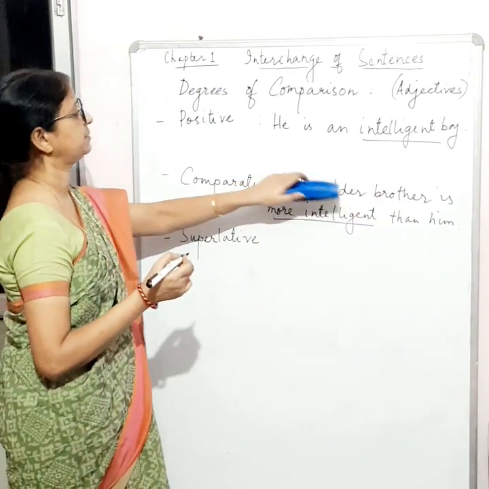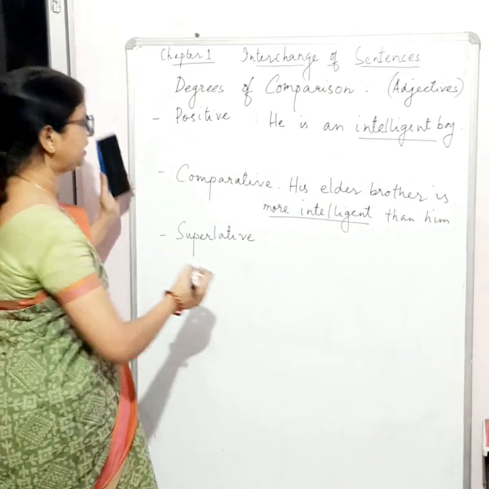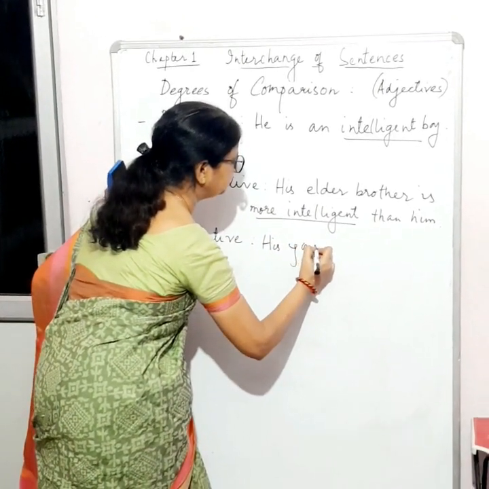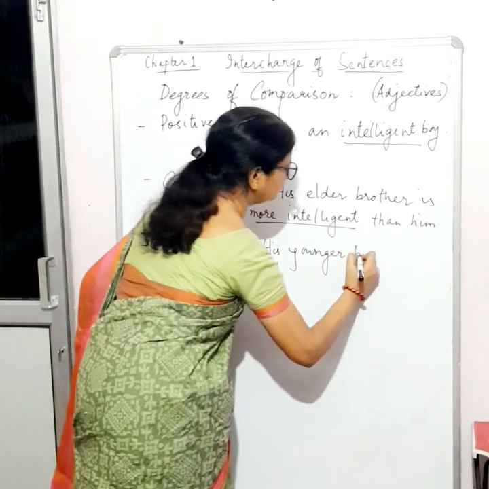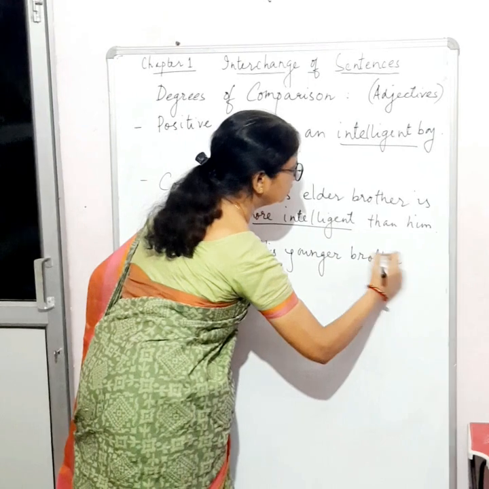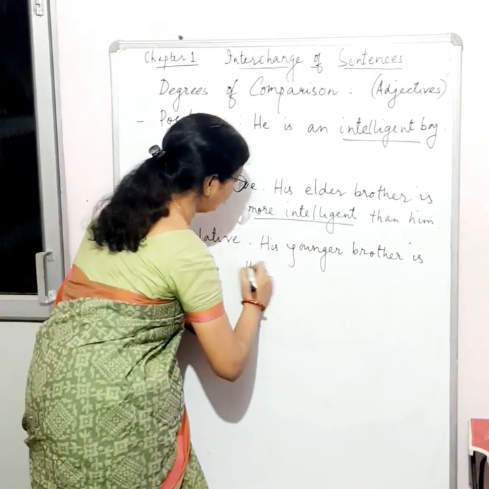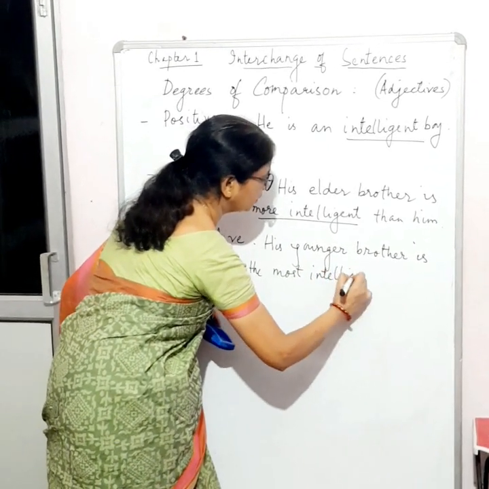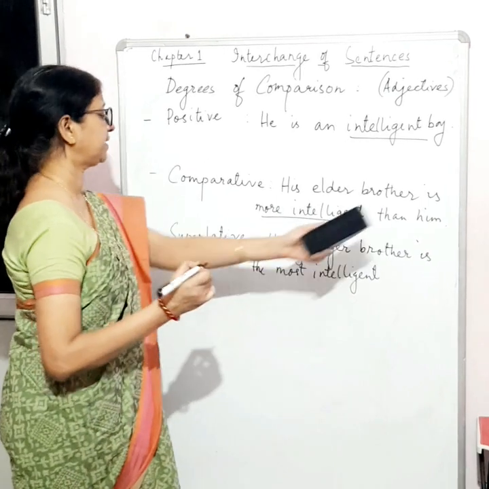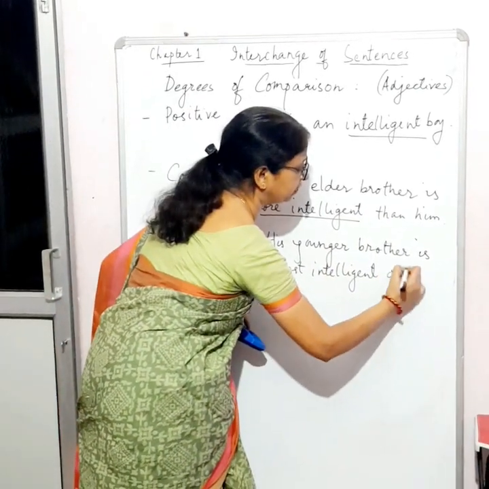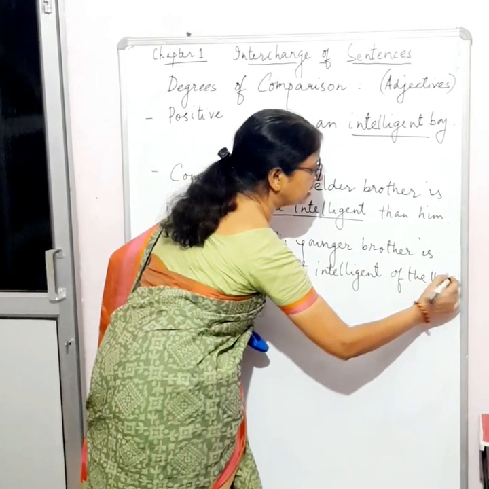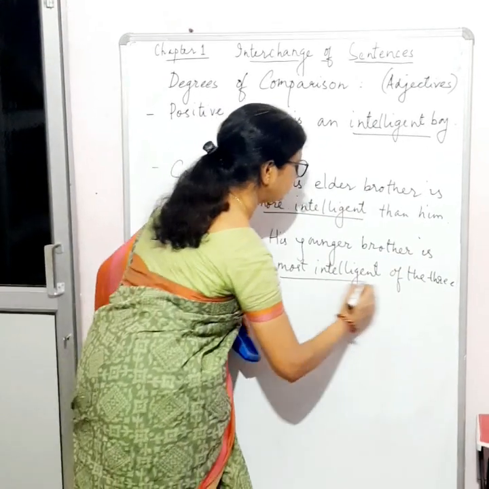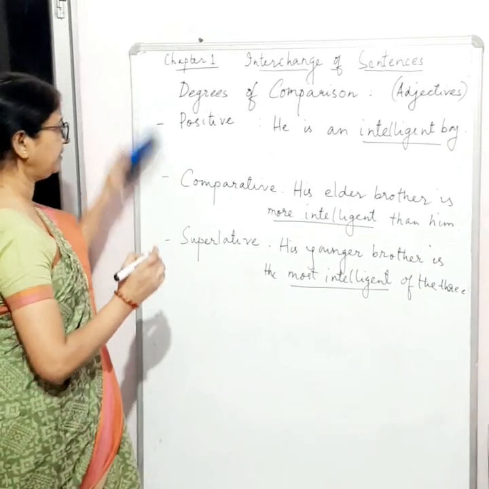We are comparing his elder brother with him. Superlative degree. His younger brother is the most intelligent of the three. Here we are making a comparison between the three. This is the superlative degree. Most intelligent.